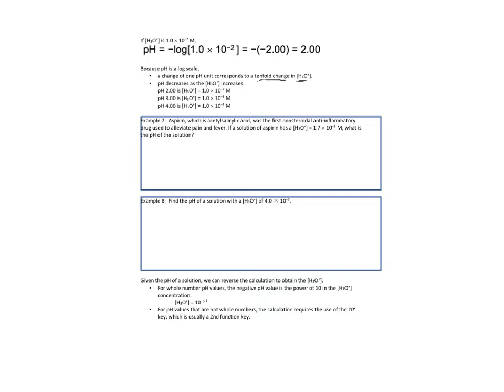So for example, if your pH is 2.00, your concentration of H3O plus is 0.01 molar. If your pH is 3.0, your concentration is 0.001 molar. And if it's 4.0, it's 0.0001 molar.